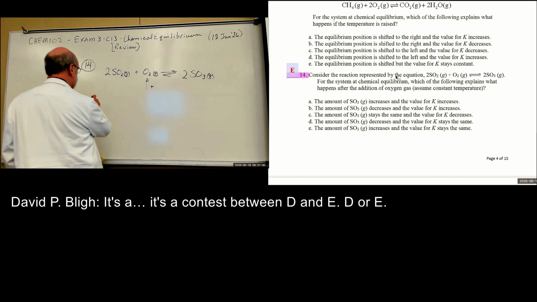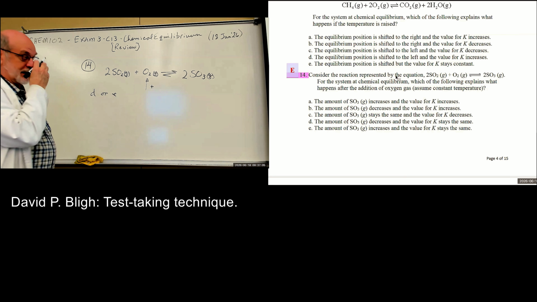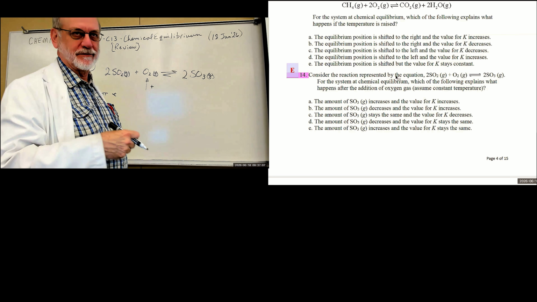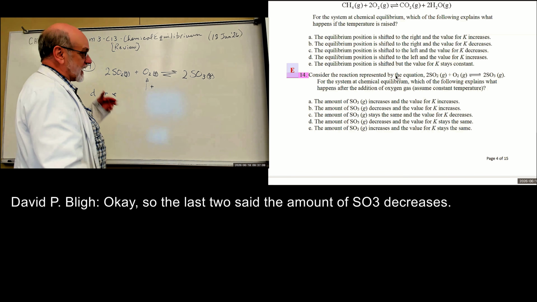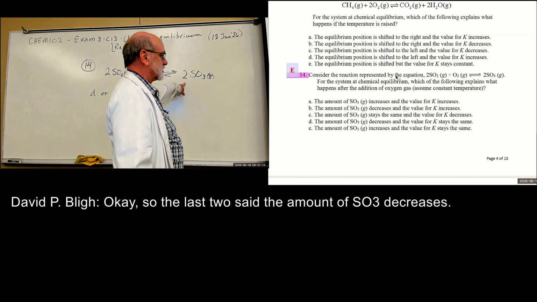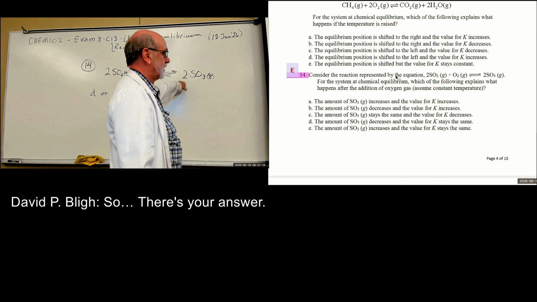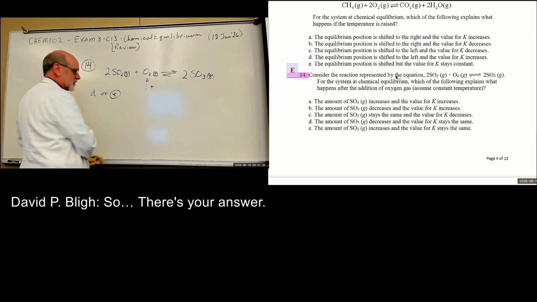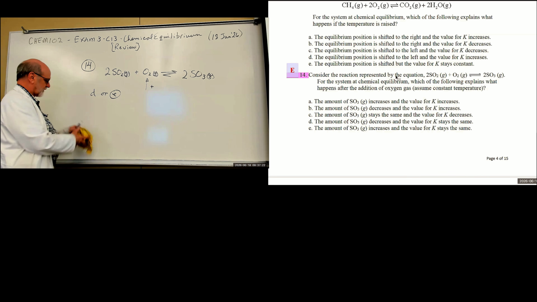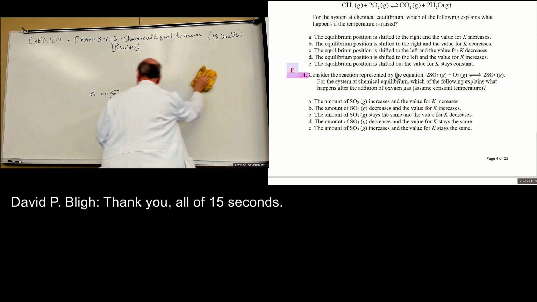It's a contest between D and E, D or E. Test taking technique. Okay, so the last two said the amount of SO3 decreases. If we add that, SO3 is going to increase. So there's your answer. Take you all of 15 seconds.